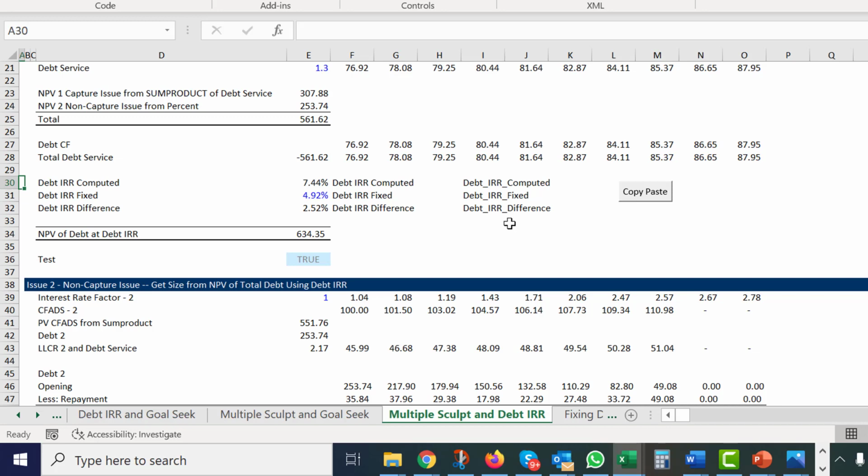When you do all of those kinds of things, there are a whole bunch of different options for the sculpting, and to manage all those options and then do the sculpting for P90, P50, debt to capital, and optimize the whole thing, it gets to be a little bit painful. Or I shouldn't say a little bit painful. I call this a very, very big pain point that might even exist in a relatively simple solar model.